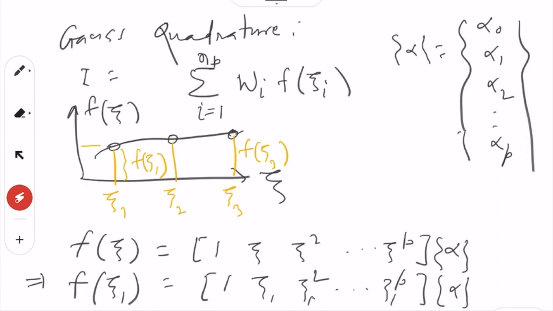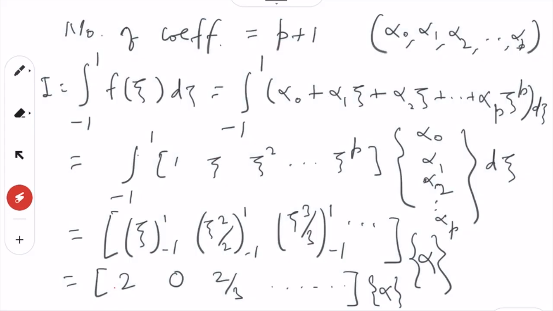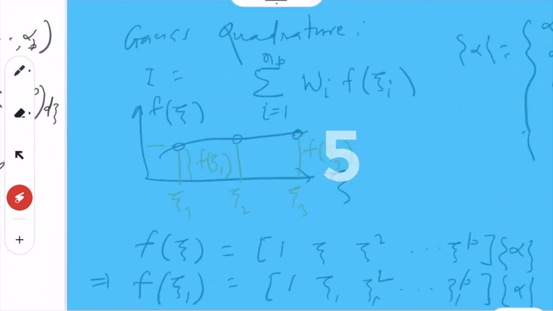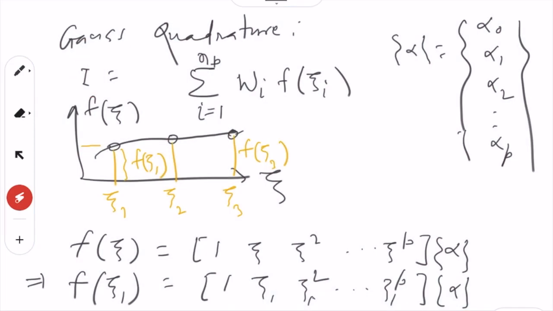Now we have to match. This integration and this integration both have to match. This is also an integration, the same value we want to calculate. The idea is we have to find the w's so that we get the exact integration, the exact value.